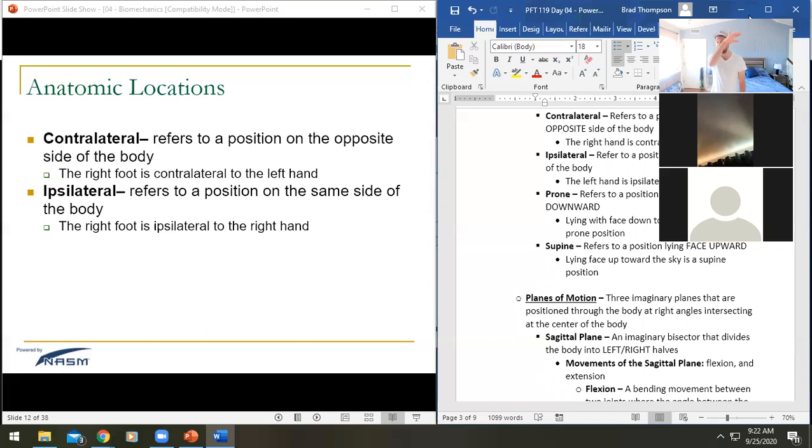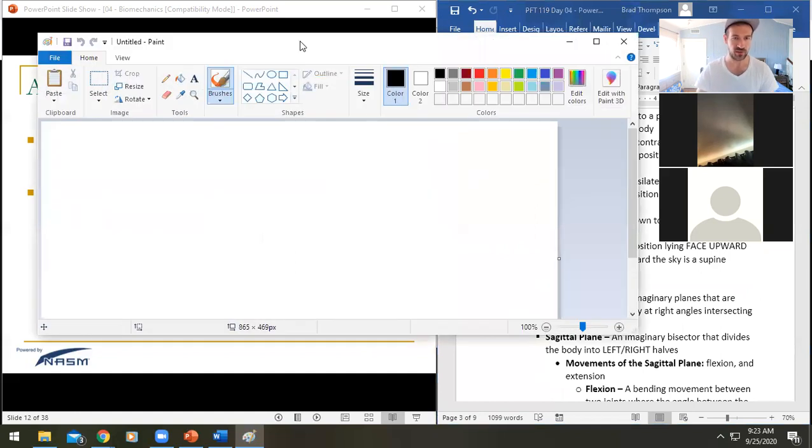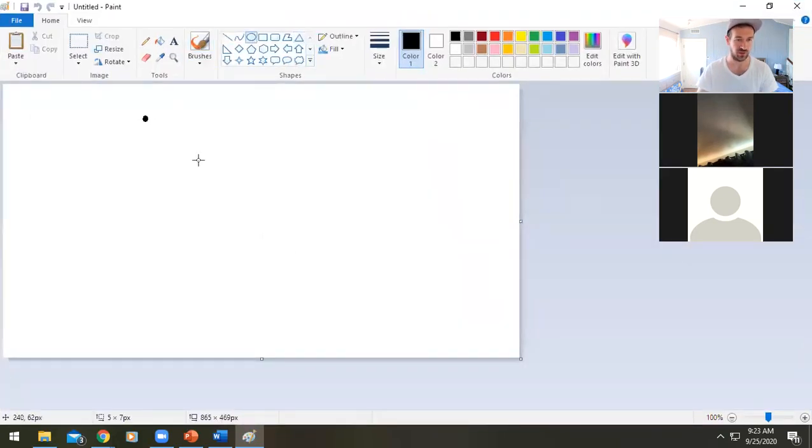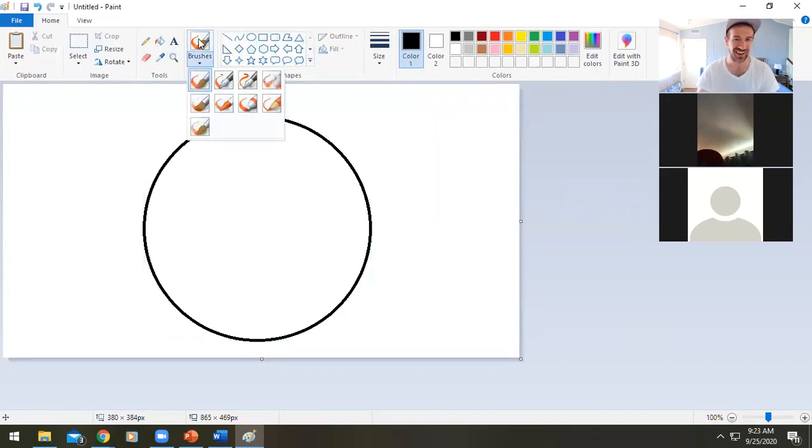Proximal and distal can go in any direction. Medial and lateral are stuck moving like this, right? But proximal and distal can go in any direction they want to go. So let's go back to the circle thing here, right? I'm going to do a better job this time by drawing a circle like that, which I thought of after I did it. Let's make this a little thicker.